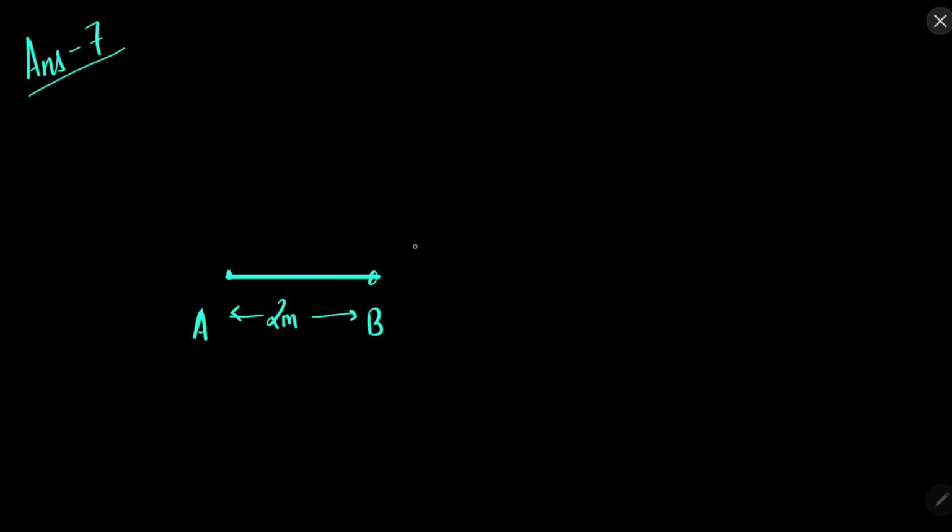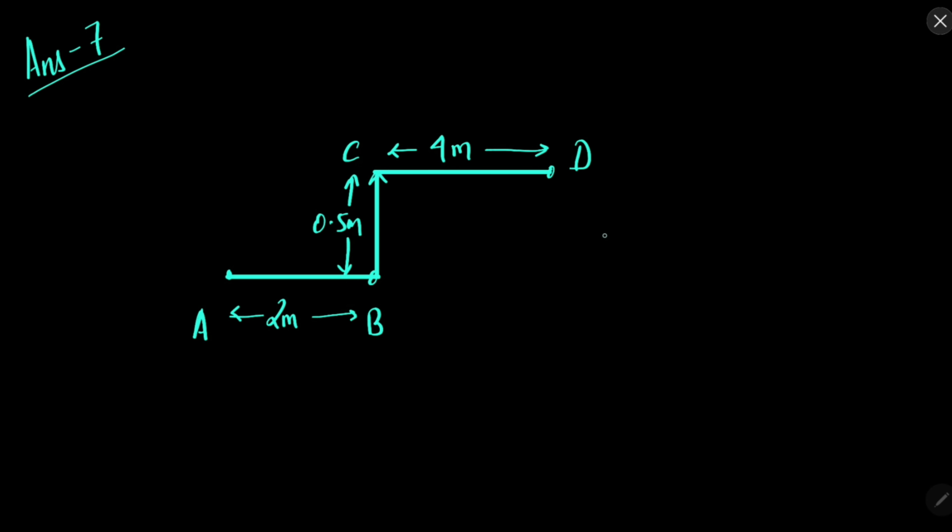Then it takes a perpendicular turn towards north like this, C. Then again a perpendicular turn like this, towards D. By the way, this is 4 meter, this is 0.5 meter. So this is the situation that we have. So the final point, the initial point, we have to find the resultant.